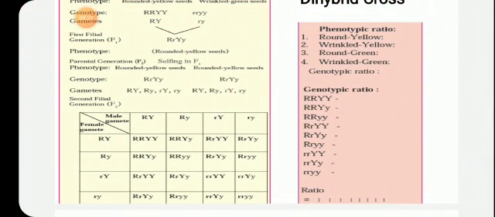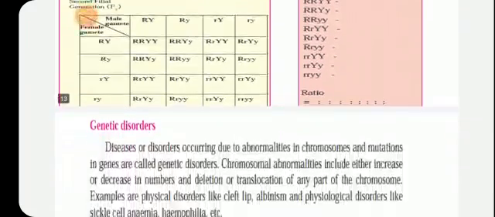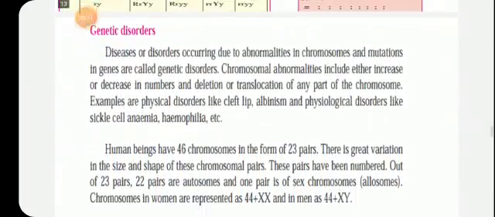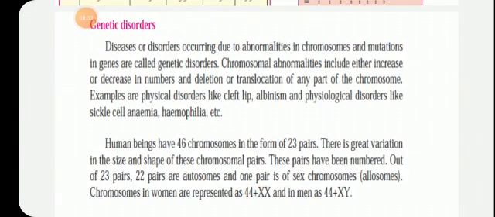Okay, children. So now come to the next, that is the genetic disorder. Okay. So when there is abnormality in the chromosomes, we find some diseases occur to human beings. We are studying about human beings.